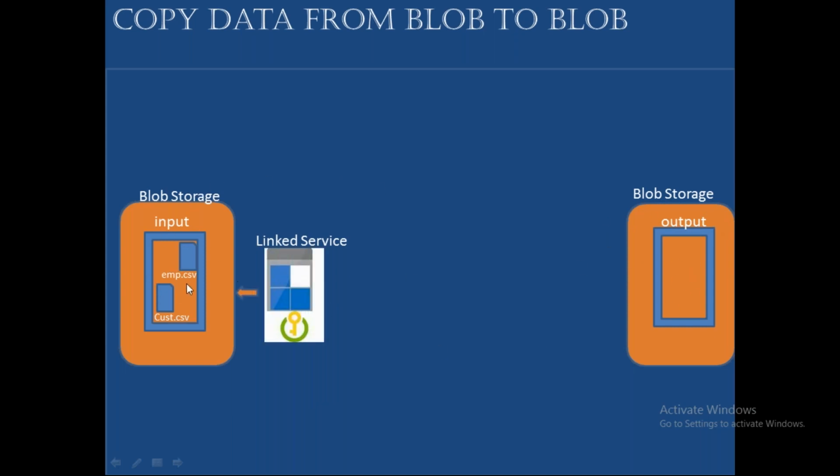First I need to connect to this particular blob storage through a linked service. Then I need to read these particular files. I can read all the files, and if I want to read a single file, I can do it by using an input data set. Then what do we need to do with this data? I want to copy this data. Where do you want to copy this data? Into my output data set.